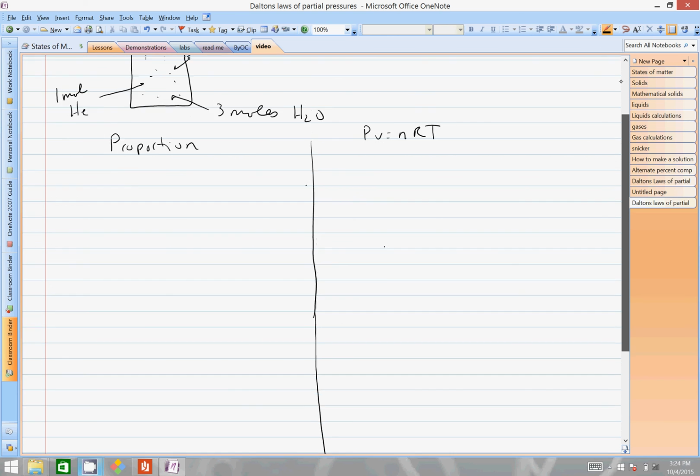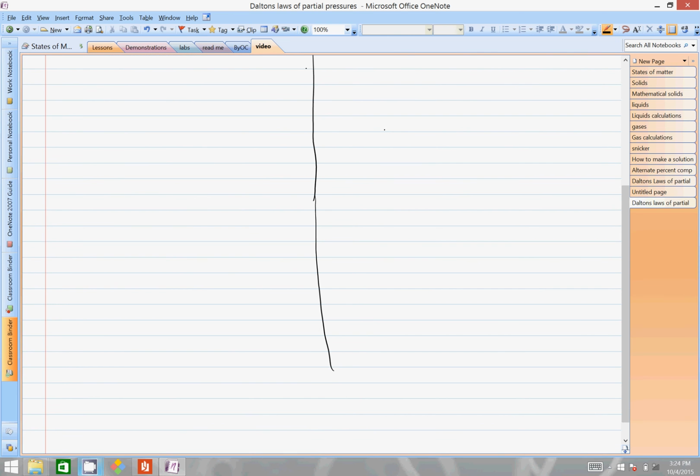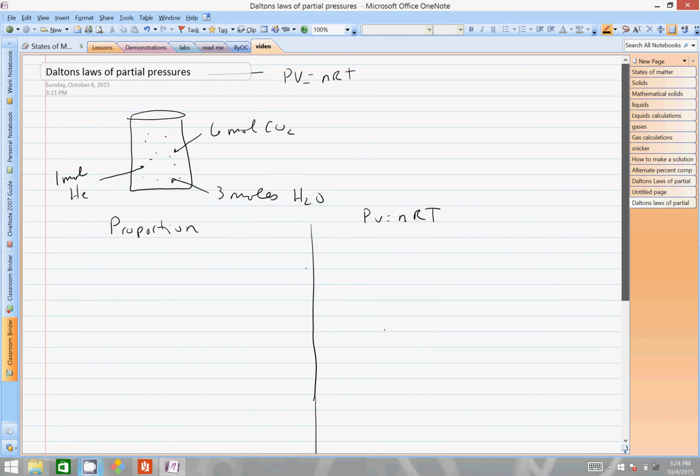Alright, so a few things you'd want to know here in order to do the PV equals nRT version. Okay, so let's just say this container is 1 liter in size at STP. So we have a temperature of 273 Kelvin, pressure 1 atmosphere.